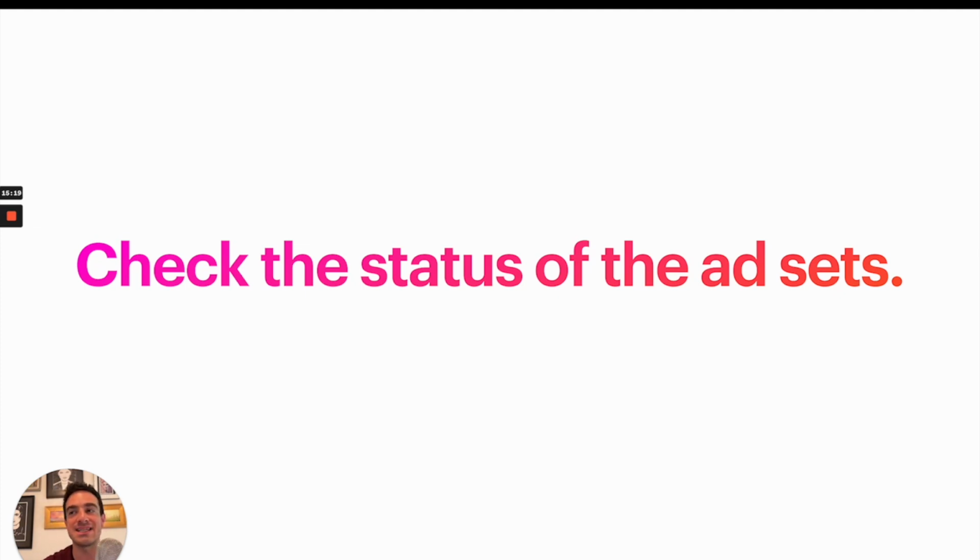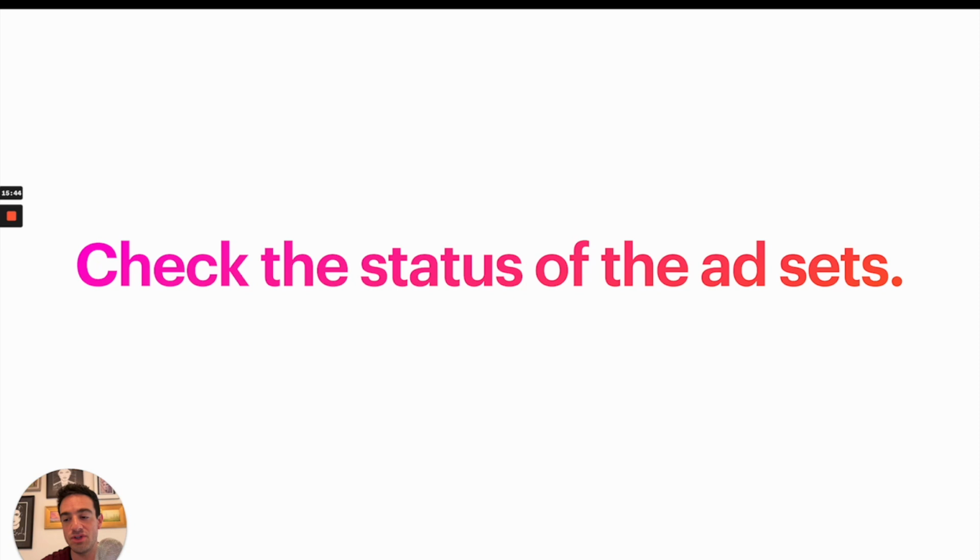So what happens is it gets stuck in learning limited, meaning it's limited in the number of data points it learned, and therefore it doesn't really know who to show your ads to. It's kind of just showing them to whoever, crossing its fingers and hoping for the best. And usually that doesn't result in leads at the price that you're hoping to get them for.